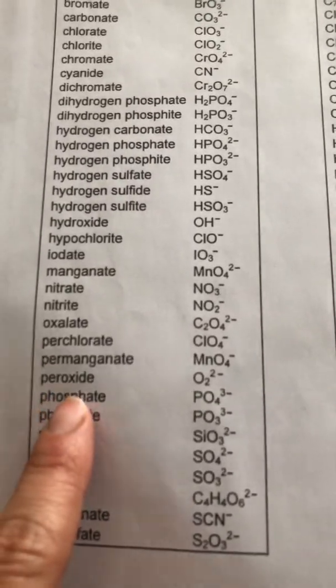So when I take these and I cross back the charges, it should be Fe2 plus PO4 1 minus. We just said that PO4 for phosphate needed to have a charge of 3. It does not have a charge of 3, so we need to make it have a charge of 3 by multiplying by 3.